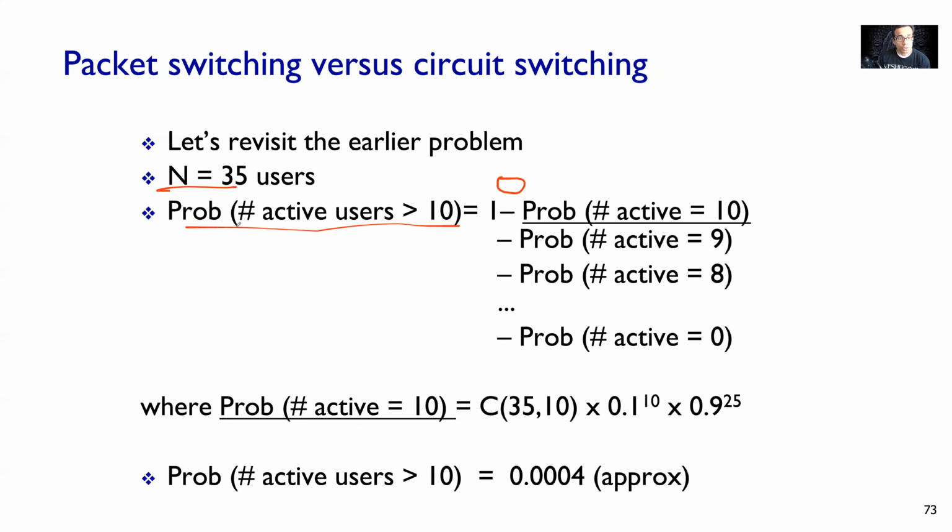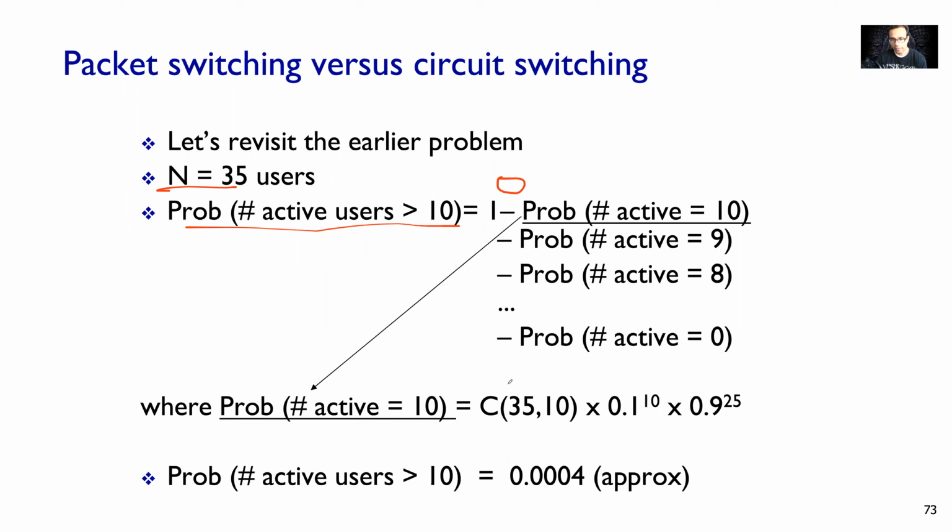Now, the probability of something greater than 10 would be 1 minus the probability that the number of active users is 10, plus the probability that it is 9, 8, and so on, until the number of active users is 0. So what we should really be doing is formulating this expression where each term would be something like that.